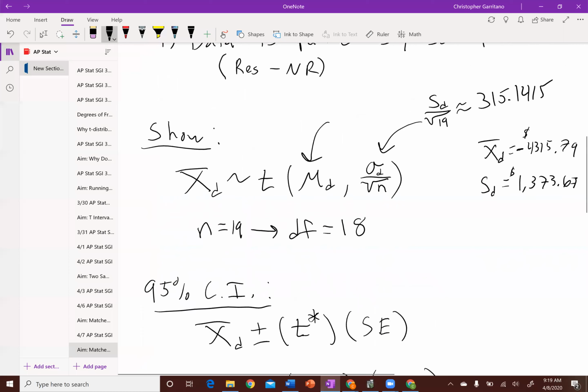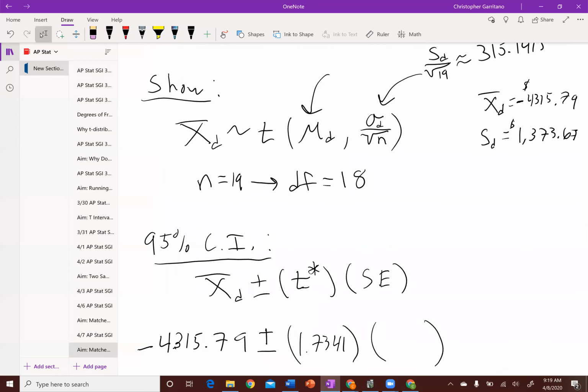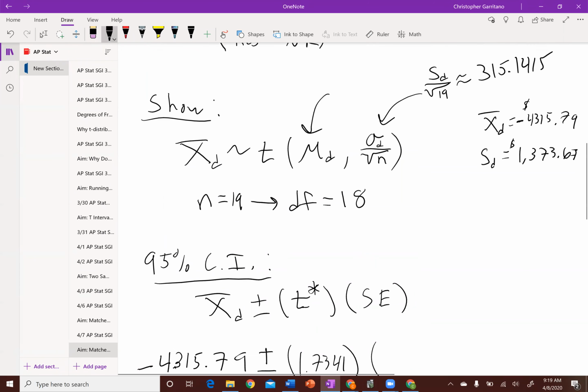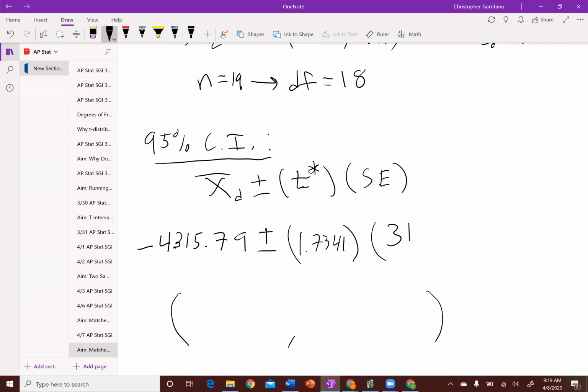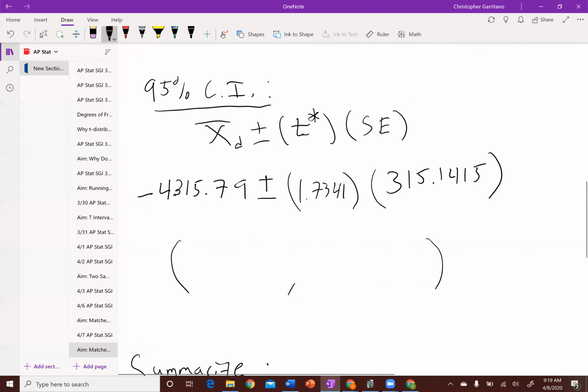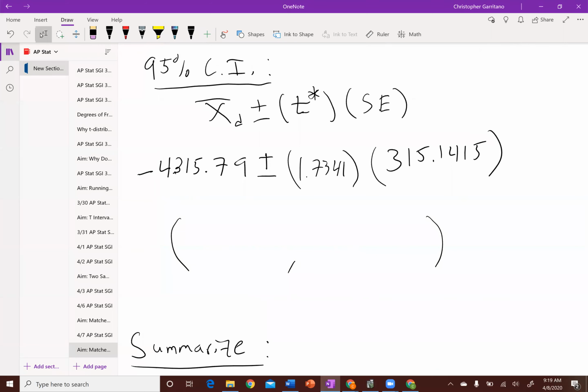Standard error, we just calculated it to be 315.1415. Okay, and I'm going to go ahead and calculate this. I'm just going to pause. You don't need to see me type the information in, so hold on.